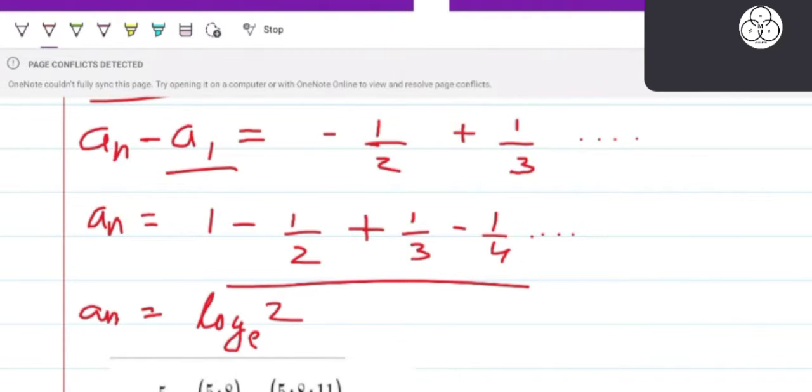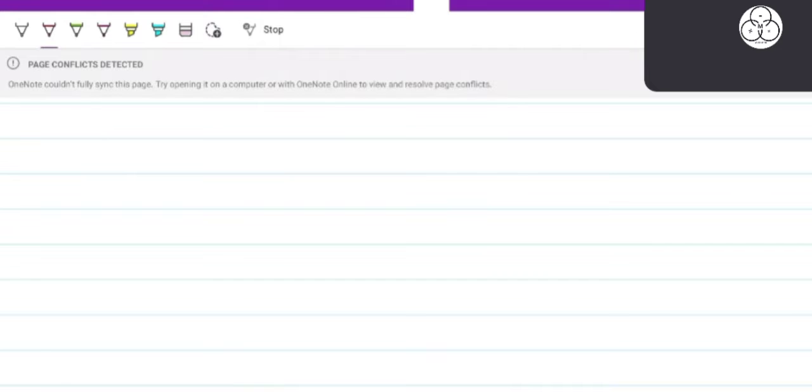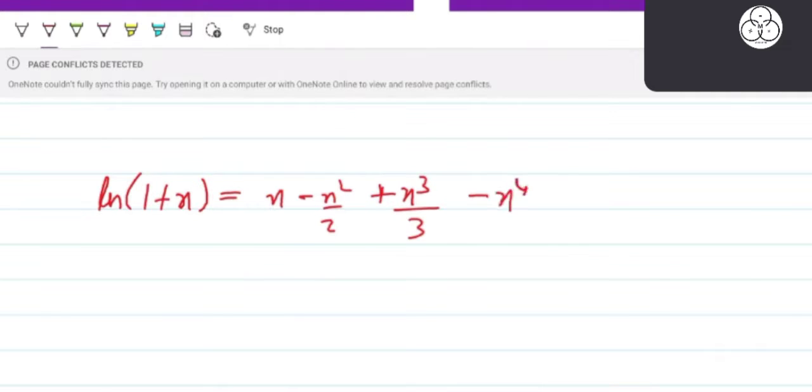So how will we identify this? For that we need to memorize certain important expansions. Let me write the expansion of ln(1 plus x): x minus x squared by 2, plus x cubed by 3, minus x to the power 4 by 4.